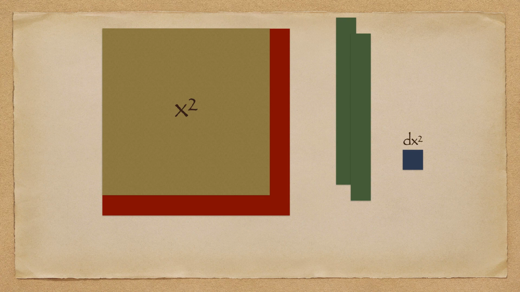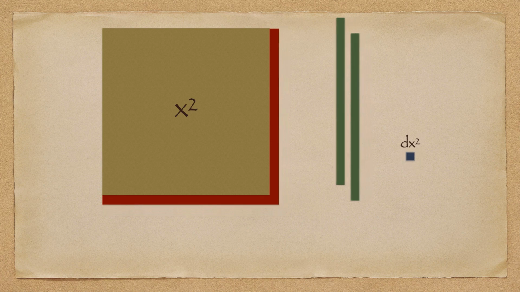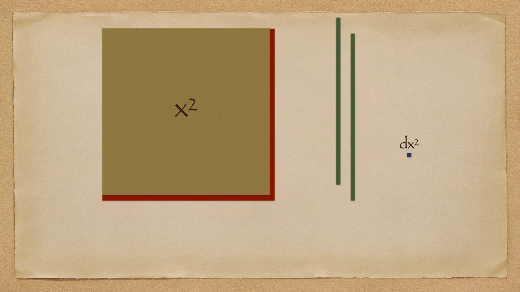And remember, dx is supposed to be tiny, so we can ignore the dx squared because it's tiny. What we're left with is these two long pieces, both of length x, so x times dx.